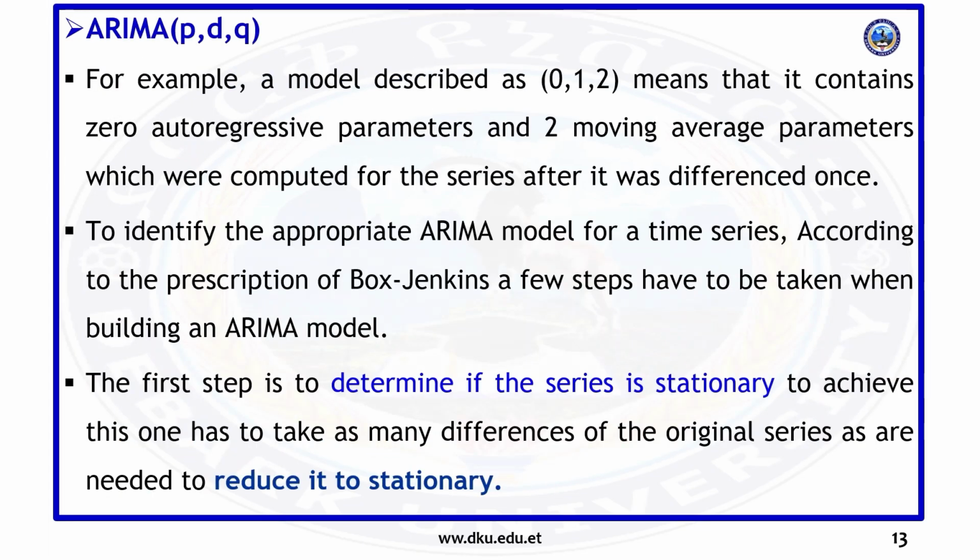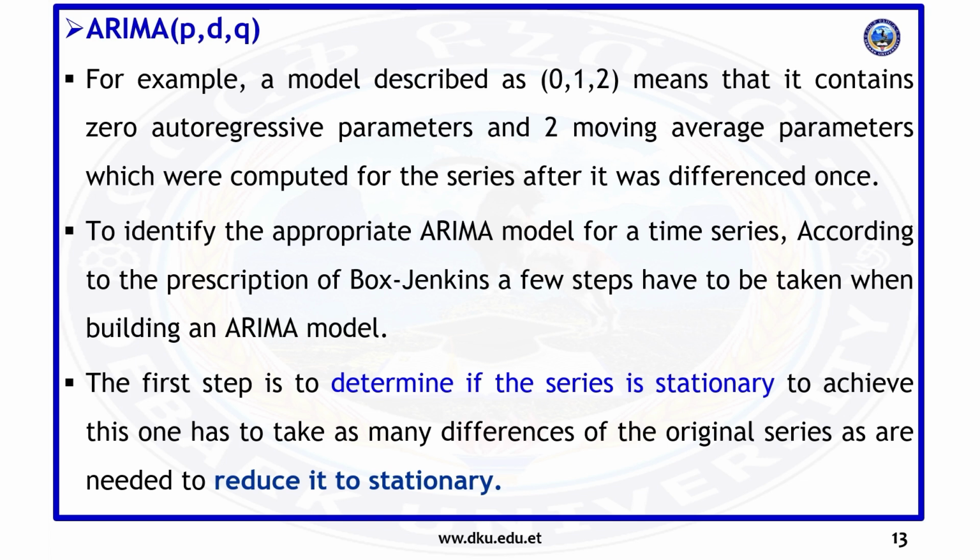Let us look at a practical example of an ARIMA model. A model described as ARIMA 0, 1, 2 has 0 autoregressive parameters, so the past values of the series do not directly affect the current value.